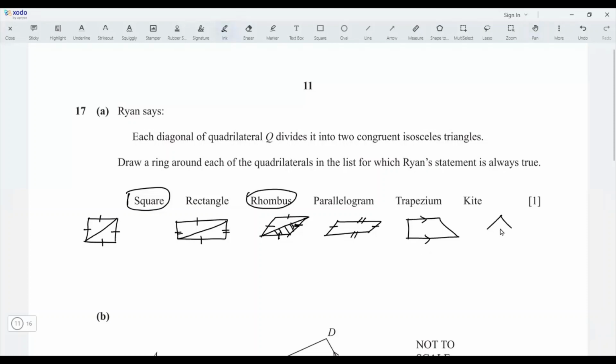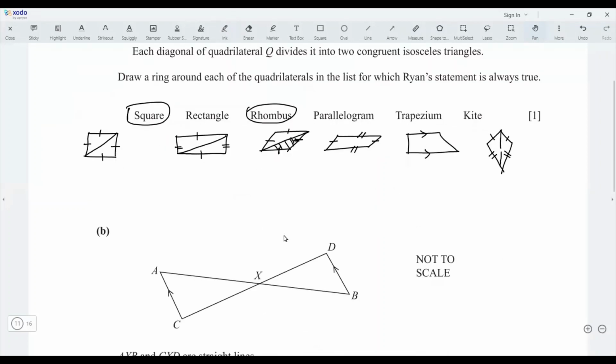What about the kite? A kite is like this. These two are congruent triangles, but these sides are not isosceles. These are different sides, so it is not satisfying. So only two shapes, square and rhombus, satisfy the statement written above.